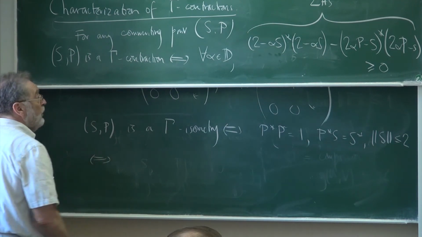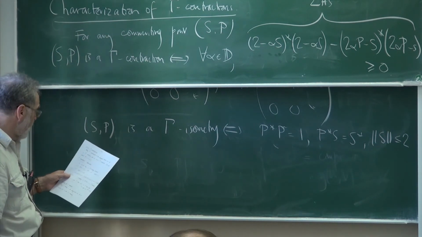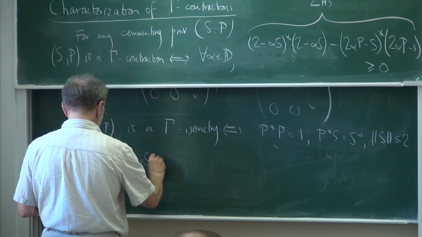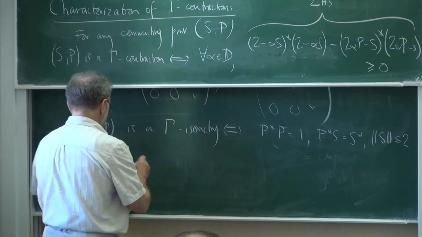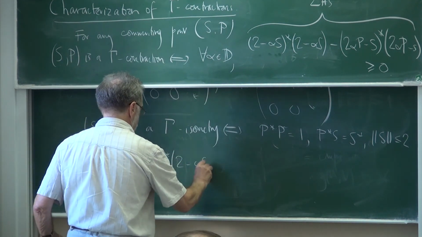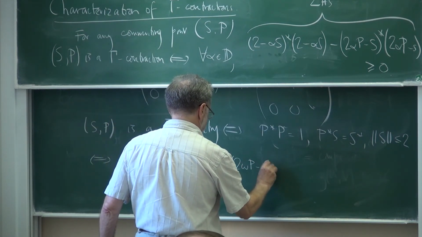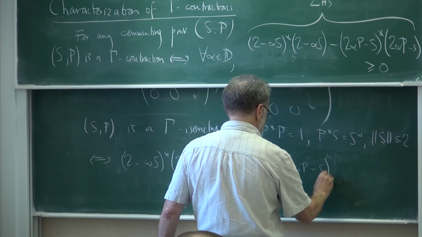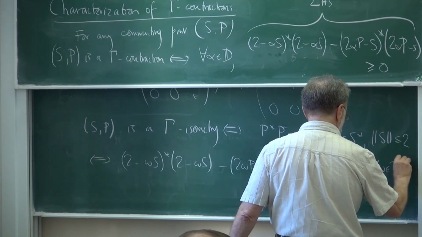And another equivalent condition, that's basically the little computation that Raman was proposing: 2 minus omega S star times 2 minus omega S, minus 2 omega P minus S star times 2 omega P minus S, is greater than or equal to 0 for all omega in the unit circle.